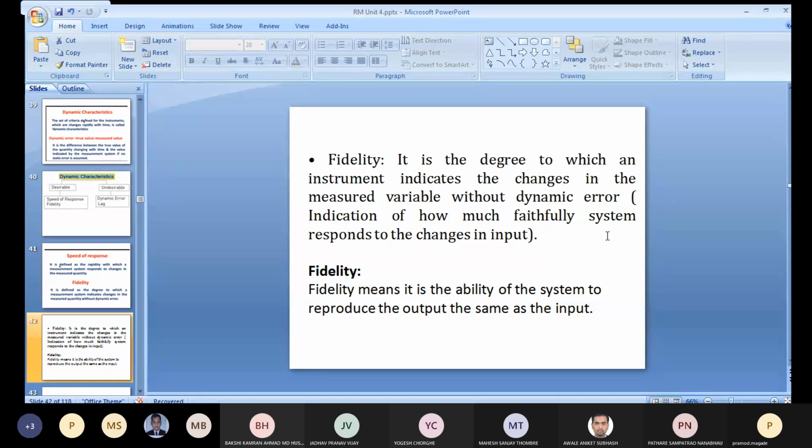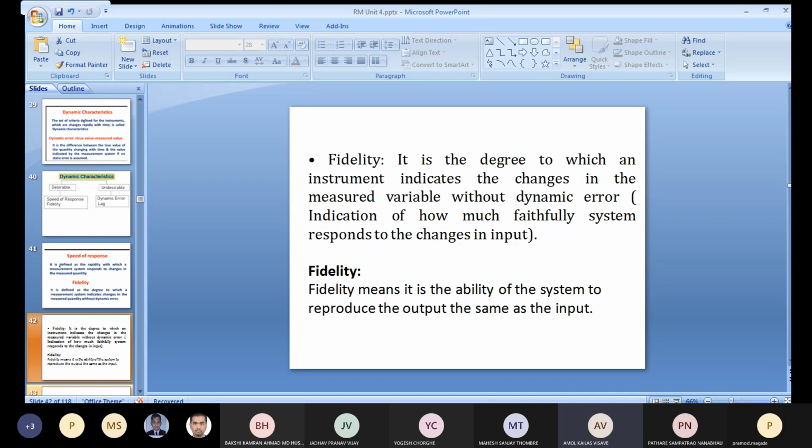Can anybody give me an example of fidelity? General examples are also valid, no issue. The speedometer of a two-wheeler, while starting, shows to and fro motion, so we can say that it is actually fidelity.